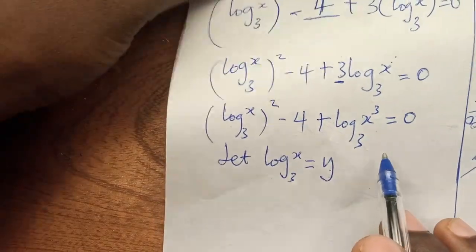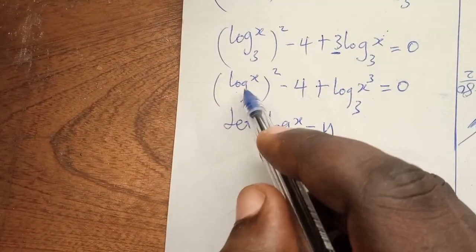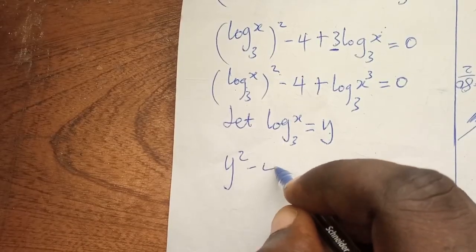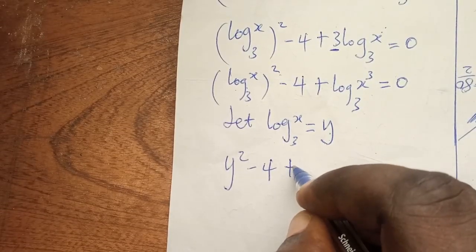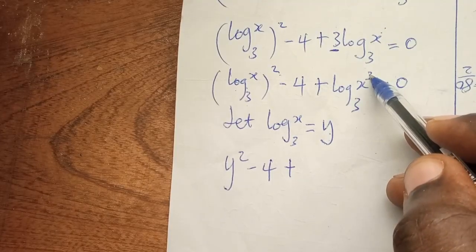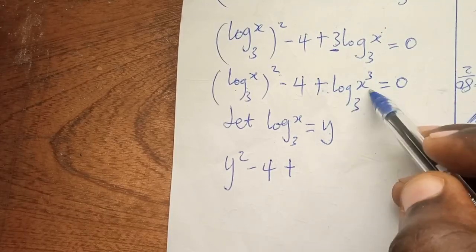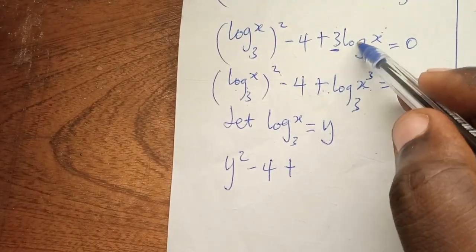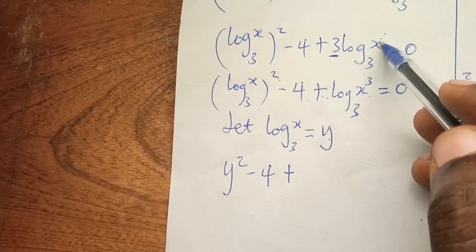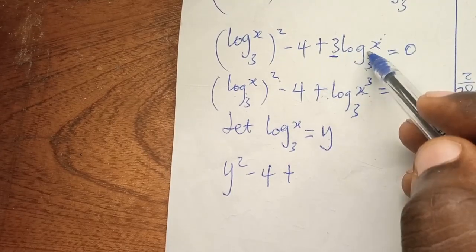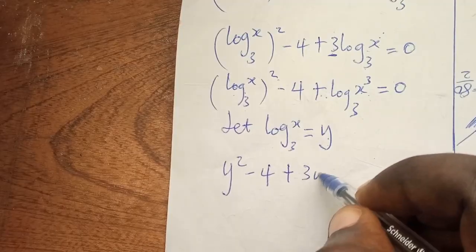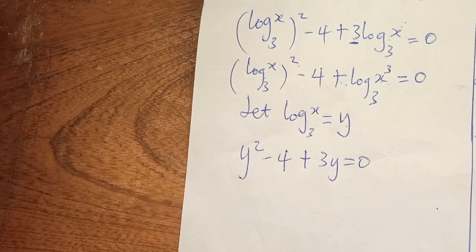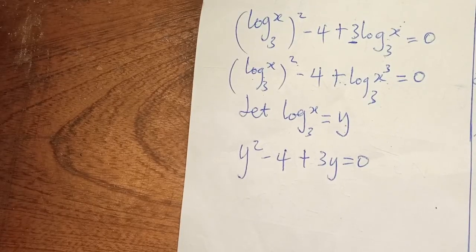So what we have now can be rewritten as y squared minus 4 plus, we bring this one back here, 3y, because log of x and 3 is y. So we have this 3, bring it back here just as it was here. So it is now 3y equal to 0. We now know this one easily. So we have to rewrite it in the form of an easy expression.